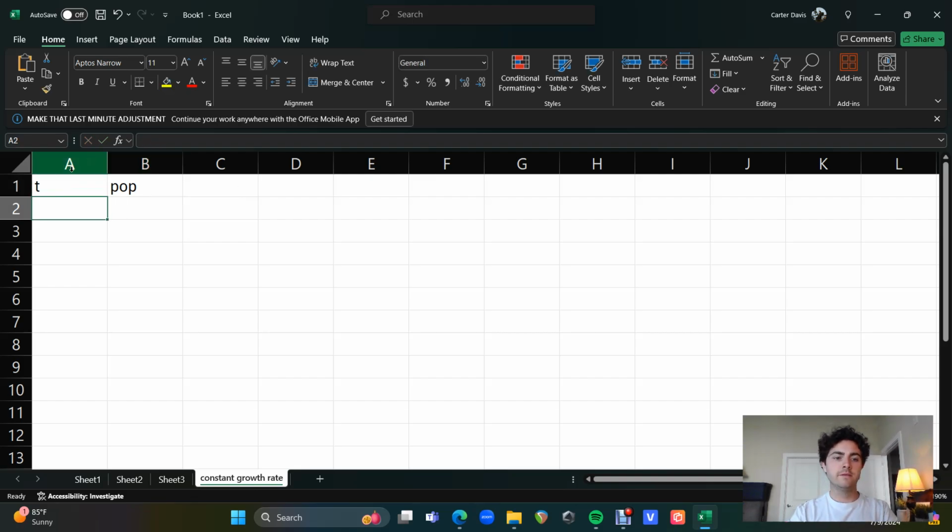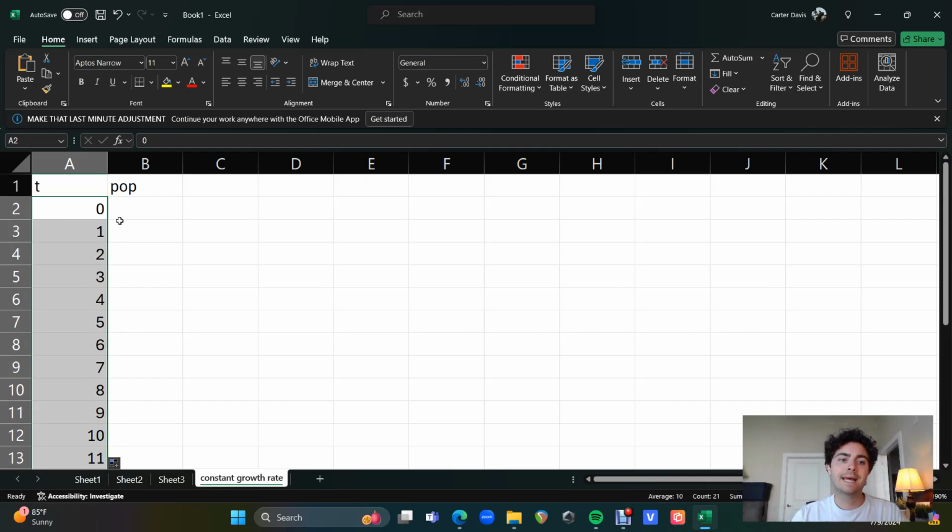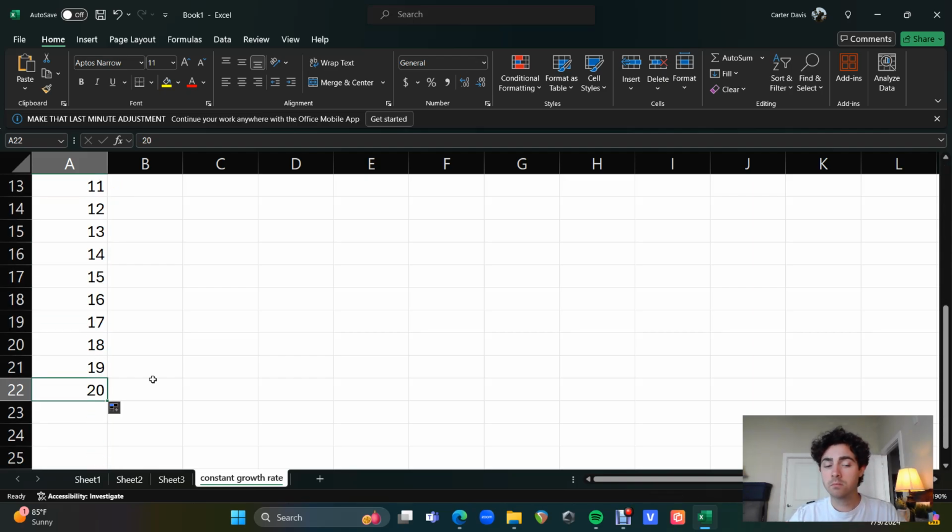So we have the t values from 0 to 20. I'll do 0, 1, highlight it all the way to 20. Again, at time 0, that's talking about the year 2010. By the time we get to 20, it's 2030.